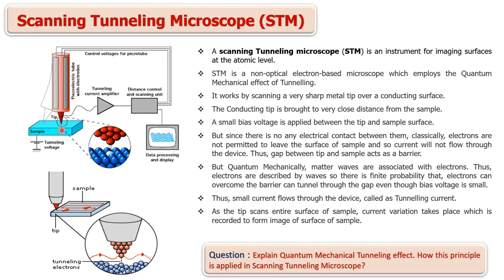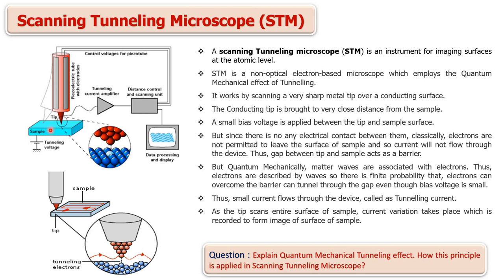A small bias voltage is applied between the tip and the sample. Suppose the tip is given positive potential and the sample negative potential, but that is very, very small. So there is a small gap between the tip and the surface of the specimen.